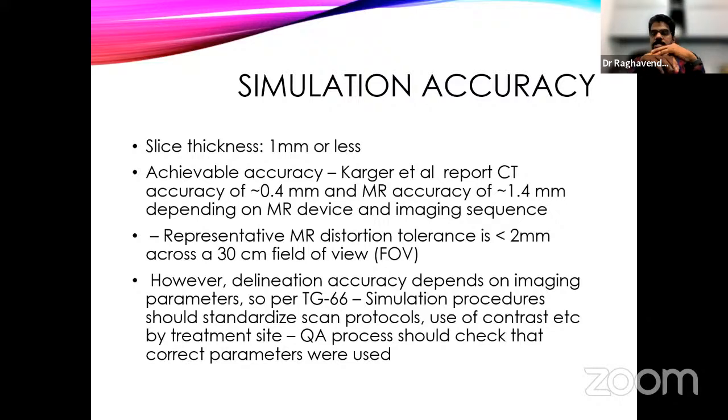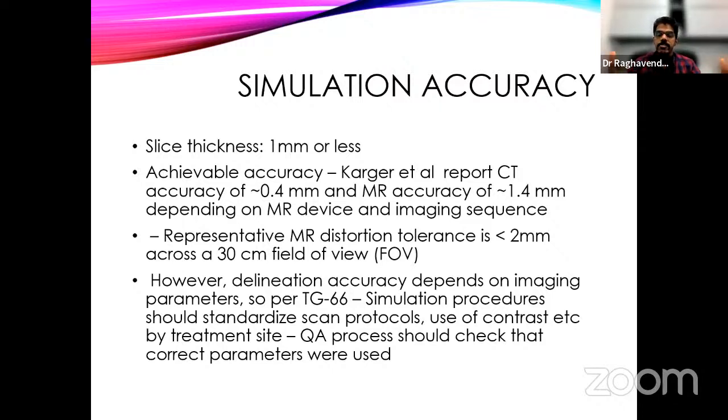The similar figure for MR is not less than 1.4 millimeter. That again depends on the MR device and the Tesla, and all that information comes into the picture. How well the engineer has commissioned the MR also makes a big difference here. Talking about MR, another major issue is the MR image distortion. The MR distortion is about 2 millimeter across a 30 centimeter field of view.